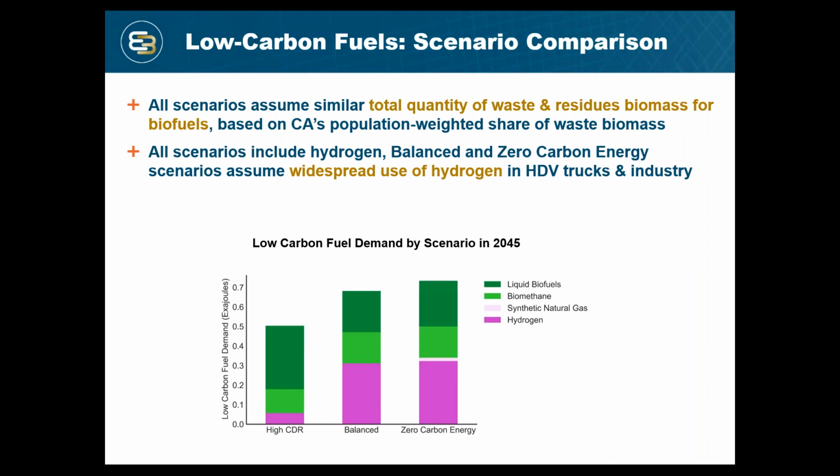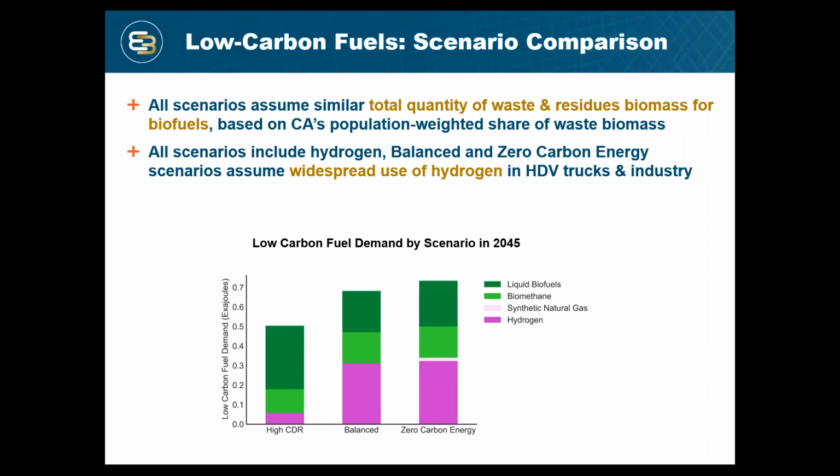the quantity of renewable curtailment in these cases is much lower than the total hydrogen demand, particularly in these two scenarios, the balanced and zero carbon energy scenarios. So we see a huge benefit from using electrolysis to produce hydrogen from renewables that might otherwise have been curtailed.